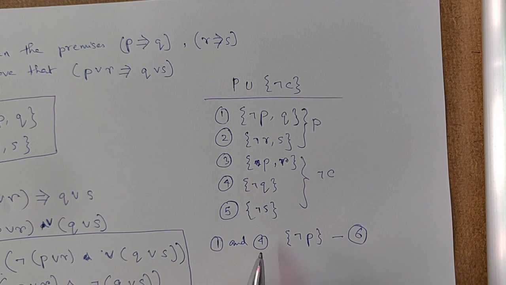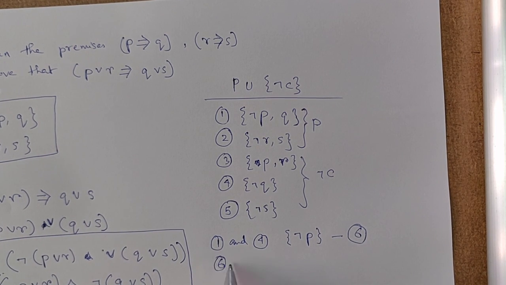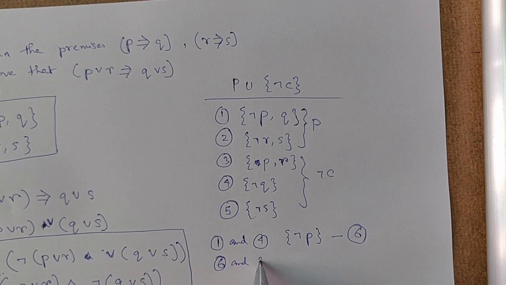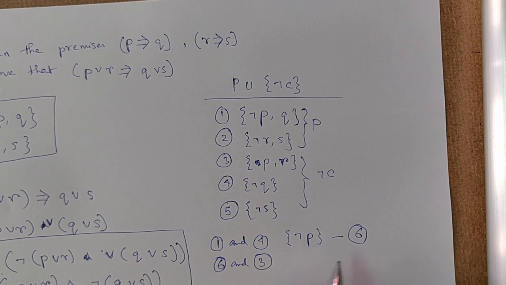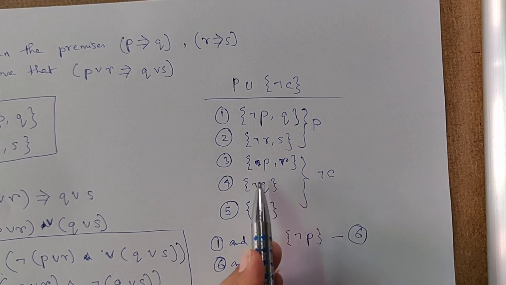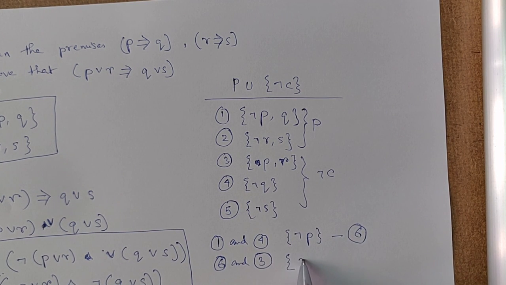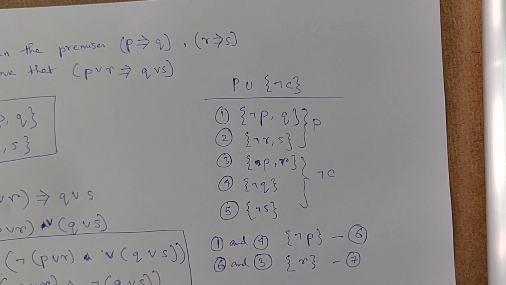Okay. Let us resolve 6 and 3. 6 is not P, 3 is P comma R. So my conclusion is R. This is my seventh sentence.